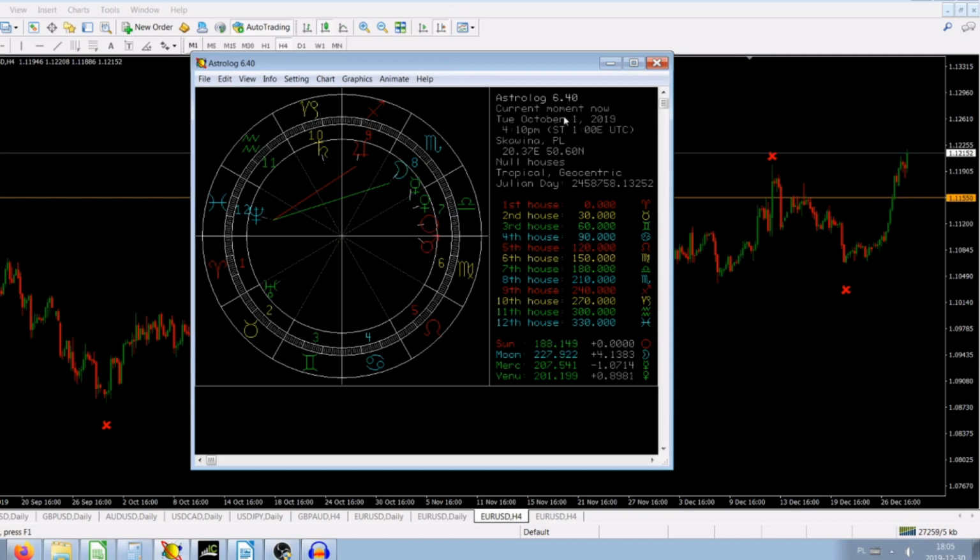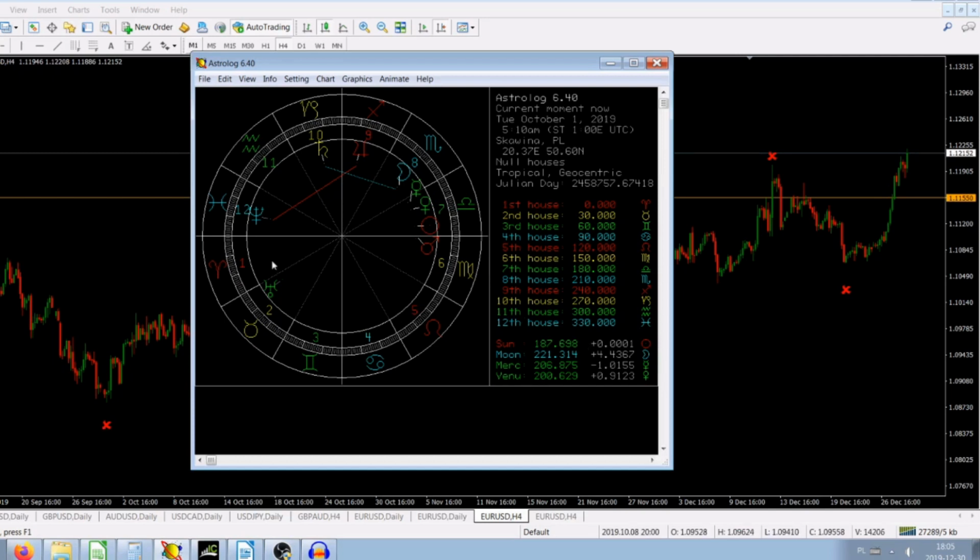Planet Venus, the position was roughly about 200. I'll make it more precise. It was Tuesday, October 1st, 5:10 a.m., my local time in Katowice, Poland, GMT+1. So at that time Venus was at 200.